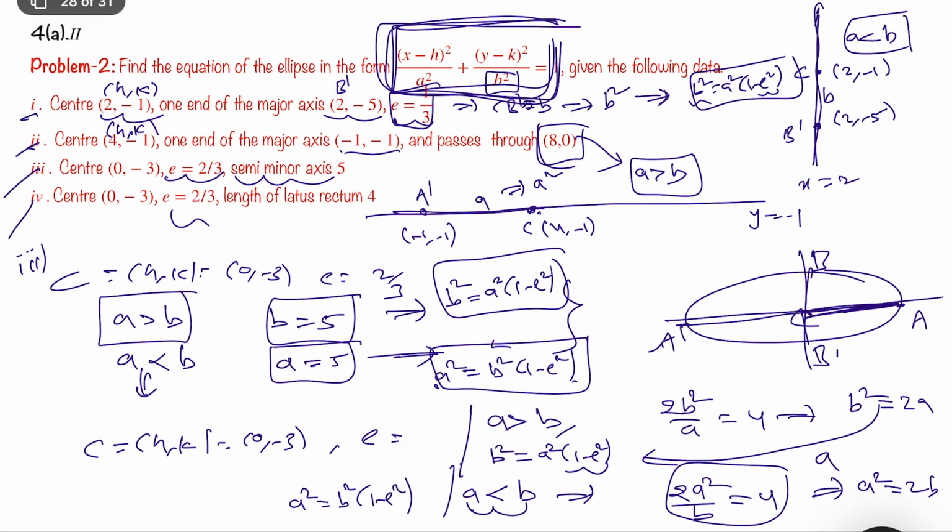Here e is given. From these two you should be able to get the b value, and from that you can get the a value. Fine. I hope you can proceed now. Okay, let me stop now. Okay, thank you.